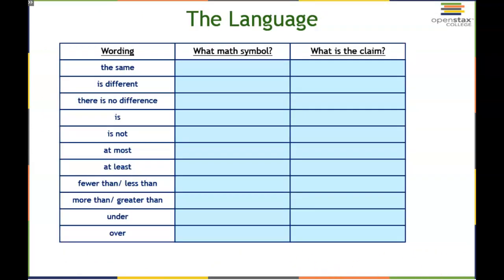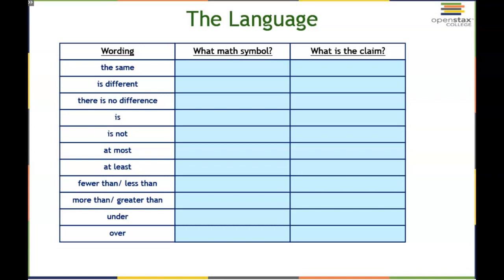Language is going to play an integral part to hypothesis testing. So let's take a look at some wording, and then let's translate that over to a math symbol. And then let's also figure out what would be the claim if our problem description had that particular wording in it. So let's take these one at a time.